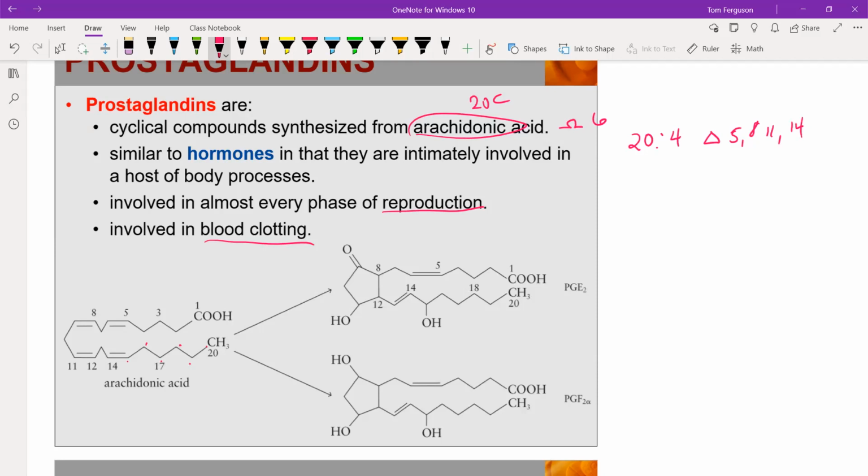Now the importance of arachidonic acid is it's a precursor to production of prostaglandins. Now the enzyme is called COX-1, COX-2, and COX stands for cyclooxidase.